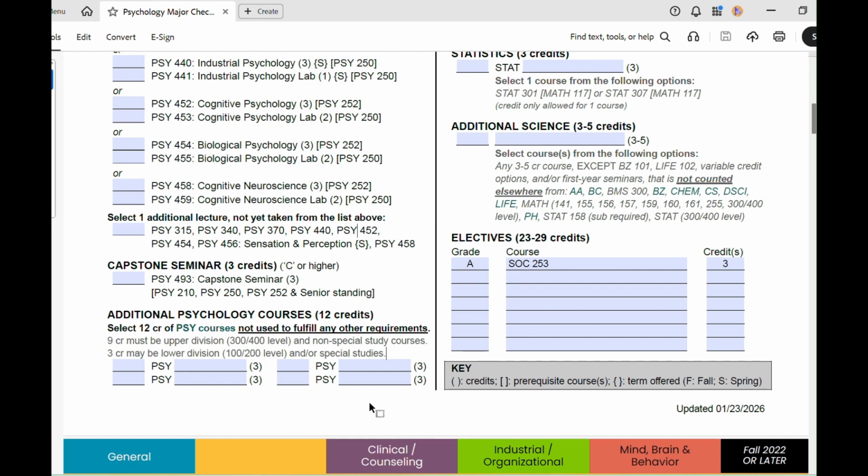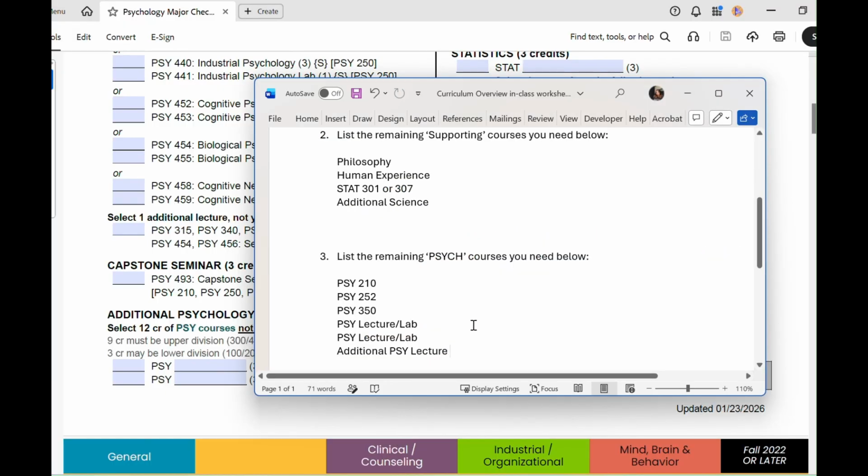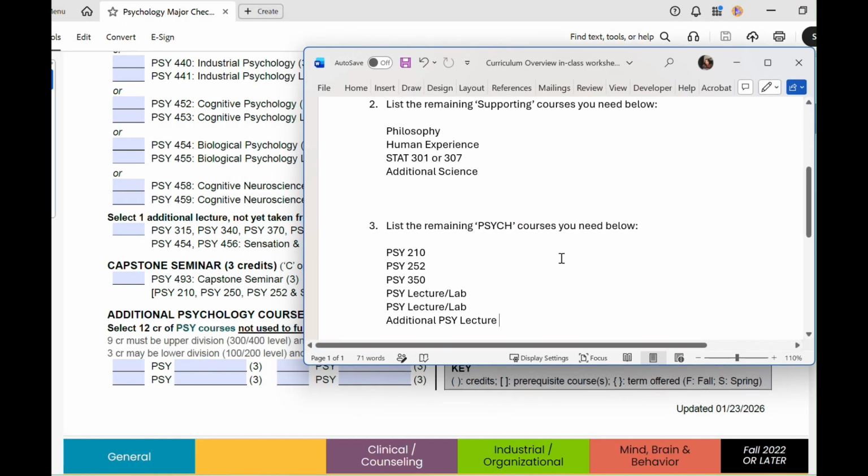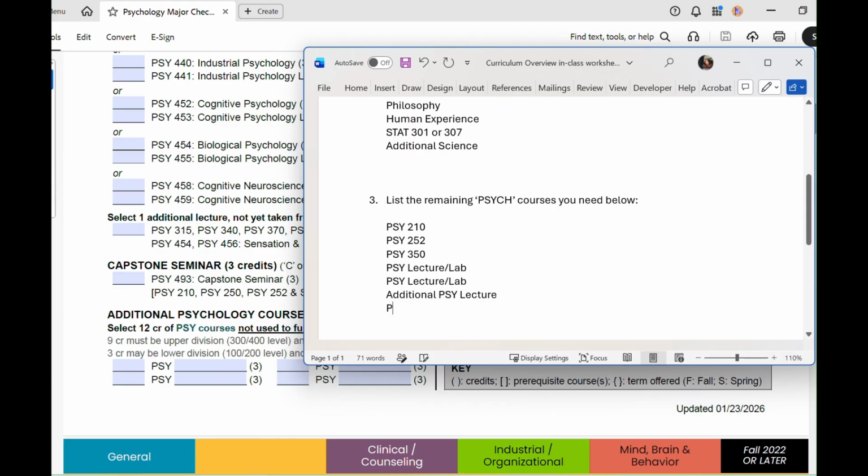Now, we will take a moment to identify the remaining capstone and additional psychology courses Cam the Ram still needs. Cam the Ram will still need their senior capstone seminar, which is Psych 493, and Cam the Ram still needs all 4 additional psychology electives.